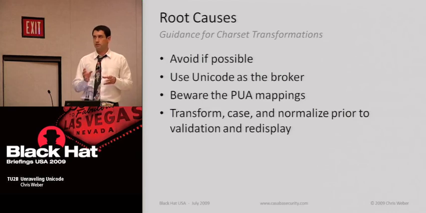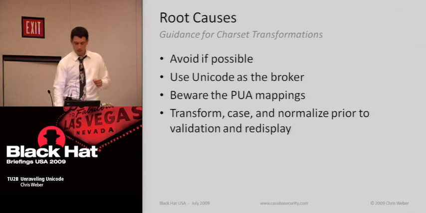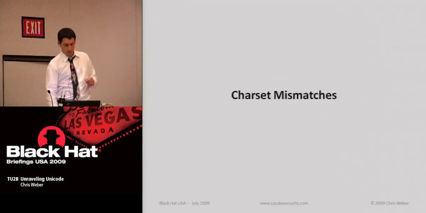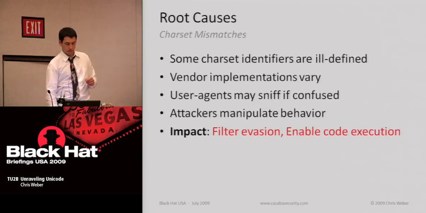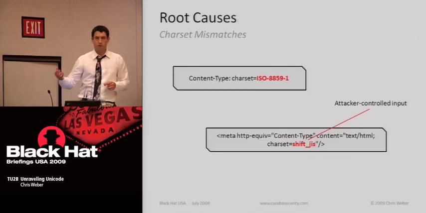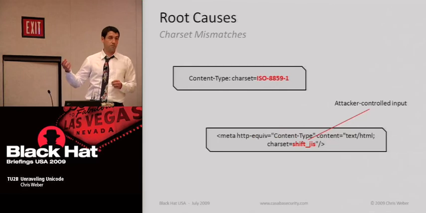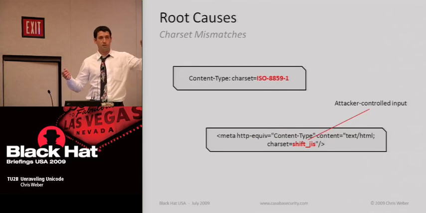But there's also this idea of the PUA mappings, the private use areas, that can become problematic when you do that. Character set mismatches: this is the idea where you get a web response, an HTTP response, and the content type in the HTTP response header says one thing, and the meta tag in the body says something else.